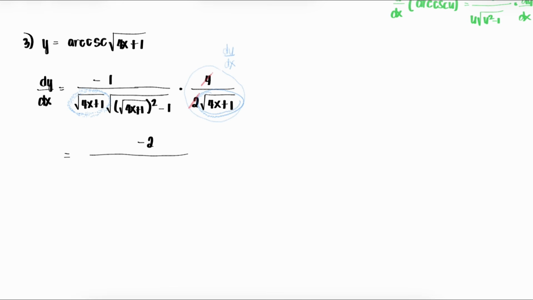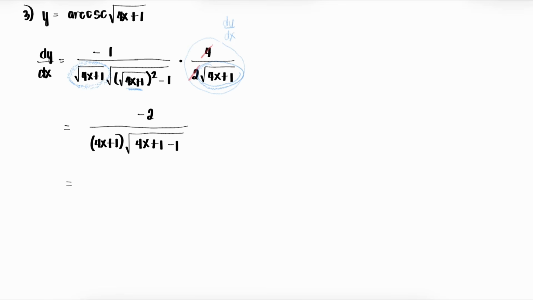So multiplying square root of 4x plus 1 and square root of 4x plus 1, we have 4x plus 1. Remember there are 2 terms, you have to enclose that in a parenthesis. Square root of, and then raising this 4x plus 1 to the power of 2. Square root of 4x plus 1 raised to the power of 2 will give us 4x plus 1, and then you simply copy minus 1.